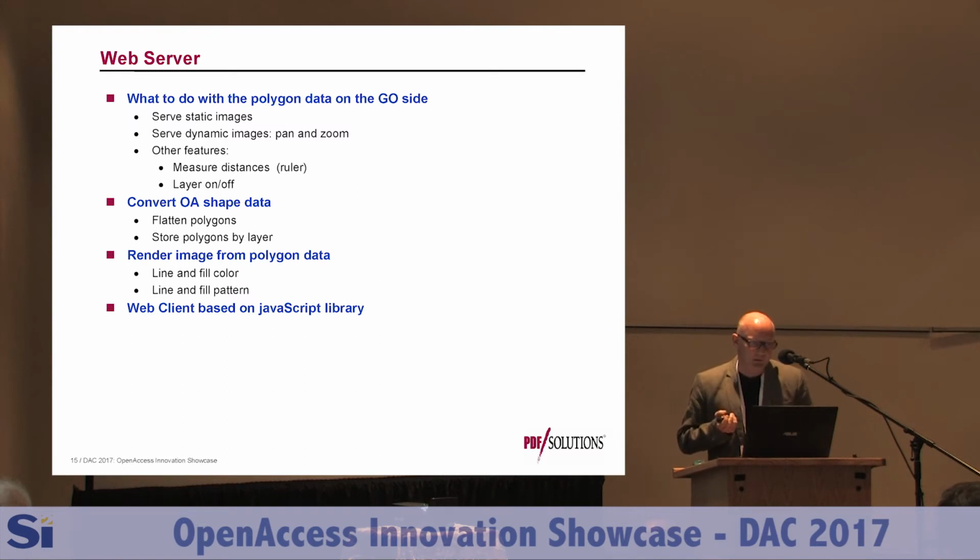What I like to do also is convert our OA shapes. Since we cannot really do it on the OA side itself, I convert these shapes into my own structure. I like to flatten these out. I would like to leave this on the OpenAccess side, of course. To get access through the hierarchies, there's ways of doing it in OpenAccess, I know, and once we solve the problem with multitasking, then I probably go back to this.